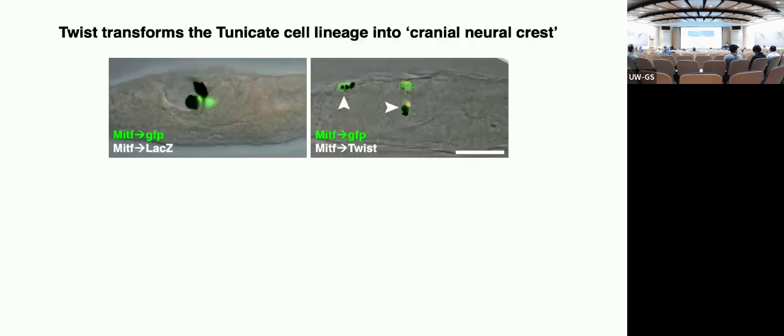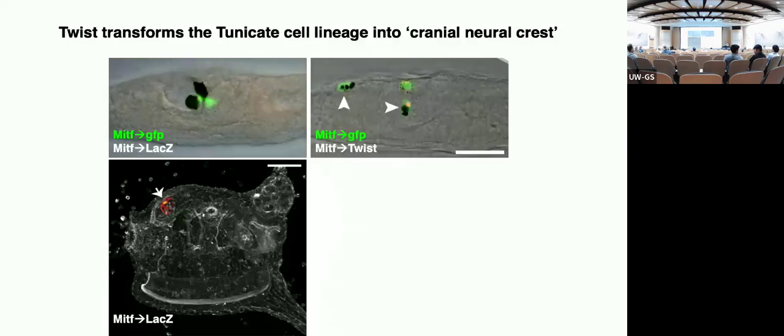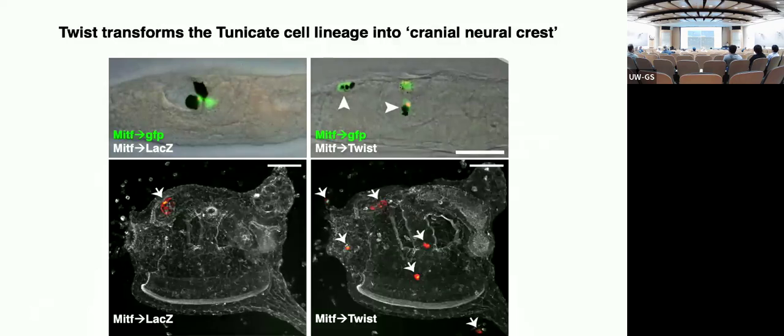And when you misexpress, or express, this molecular switch called twist, all of a sudden these cells start spreading over the body. And you can follow these later in development. Normally they're located here, but upon the expression of this molecular switch, you're activating that migratory program and allowing these cells to move across the body like they do in vertebrate neural crest cells.